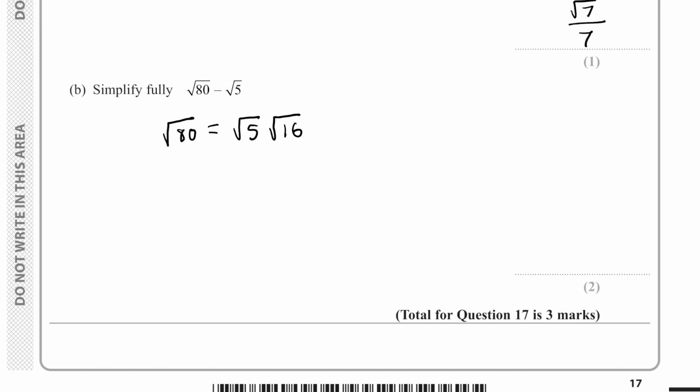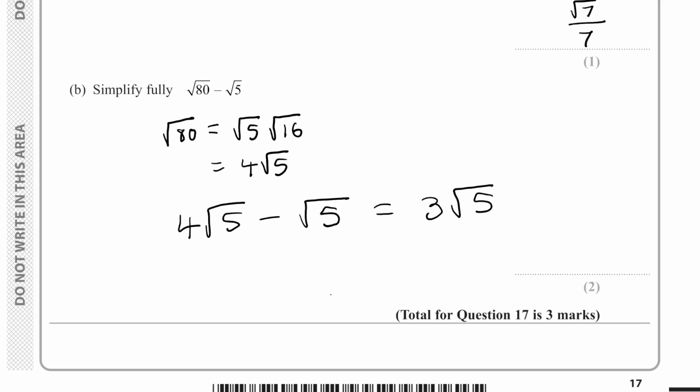So square root 16 times square root 5 is square root 80. And square root 16 is 4. So root 5 times 4 is the same as 4 root 5s. So if we've got 4 square root 5s, take away 1 square root 5, we get 3 square root 5s.